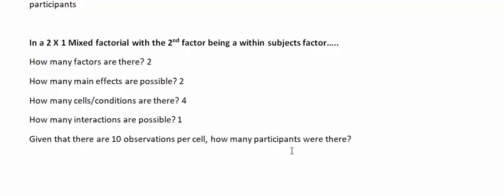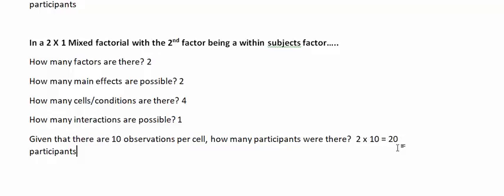So I'm going to change that 2 and make it a 1. And now what we have is there's 2 cells, right? 2 times 1, 2 cells that would have different participants in them. So I'm going to take that 2, multiply by 10, and I get 20 participants.